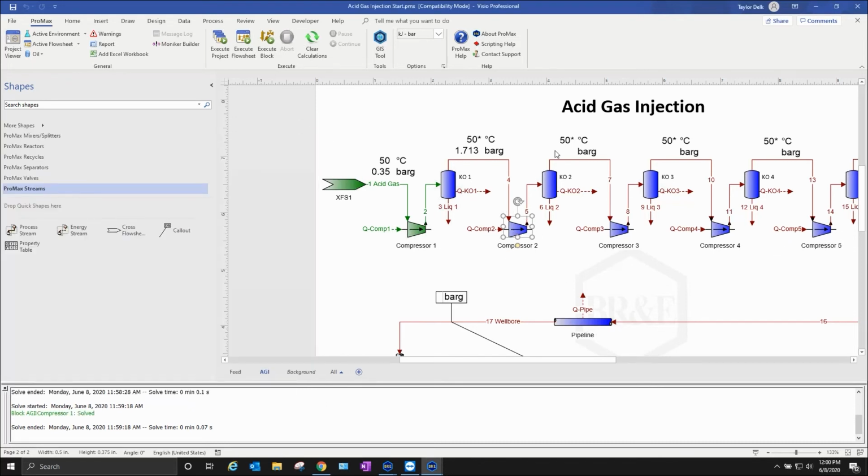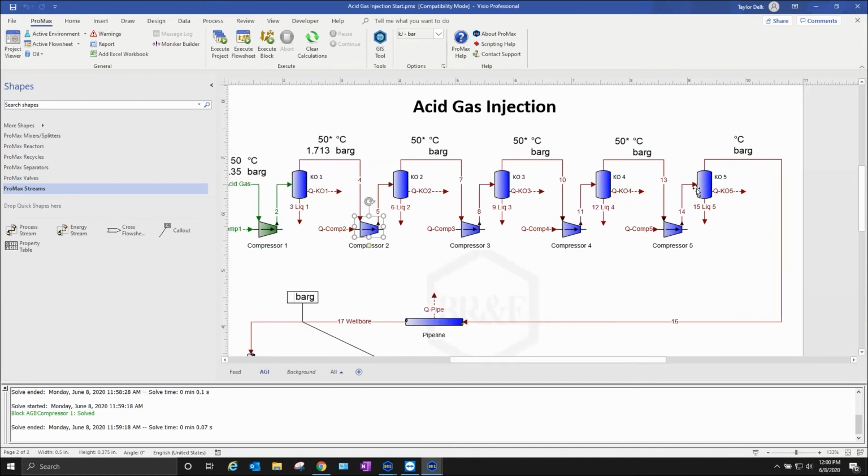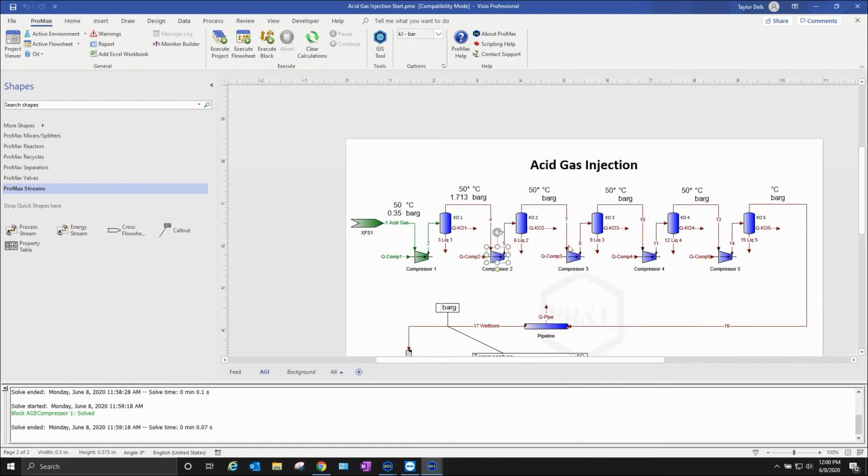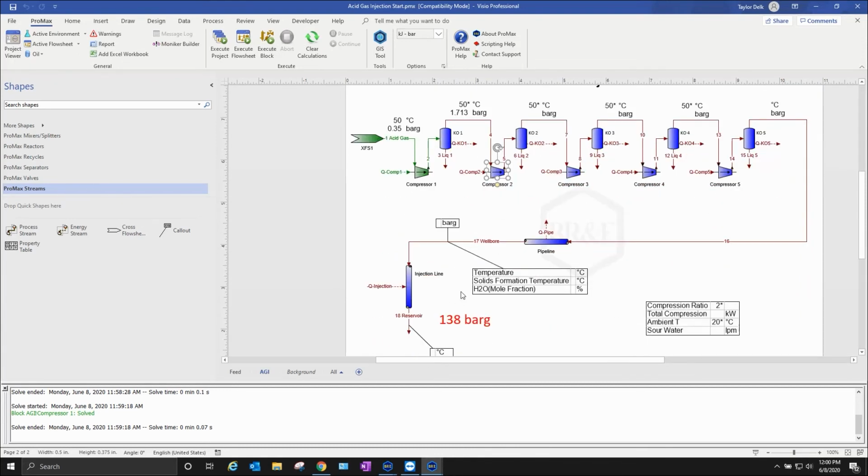And of course, since we are probably using air coolers and trying to achieve something close to ambient, all of these outlet temperatures are going to be around 50 degrees C. Keeping in mind that we're modeling a cooler and a separator with this single block. And it looks like, because everything's turned from bright red to maroon, we should be able to fully solve and converge this simulation. So let's go ahead and do that real quick.